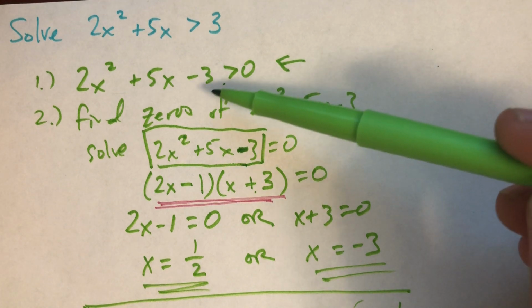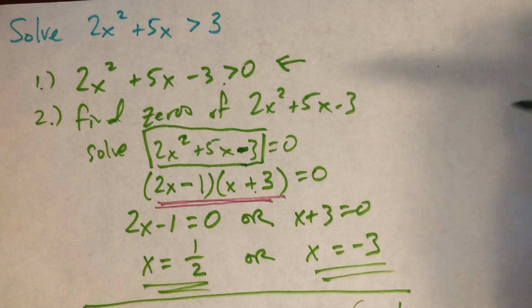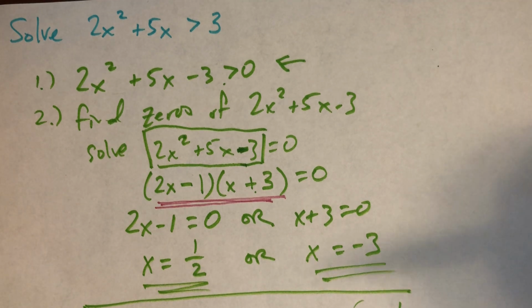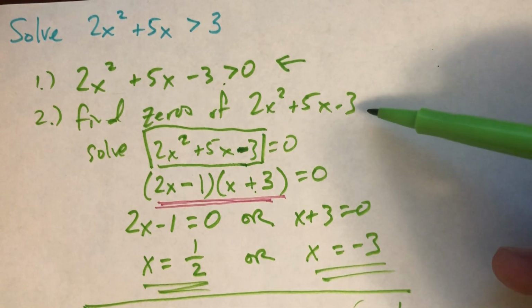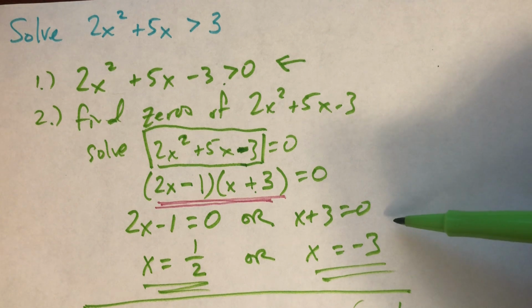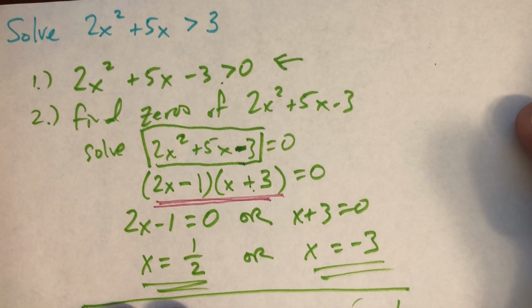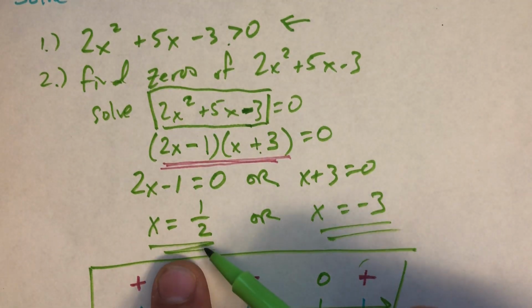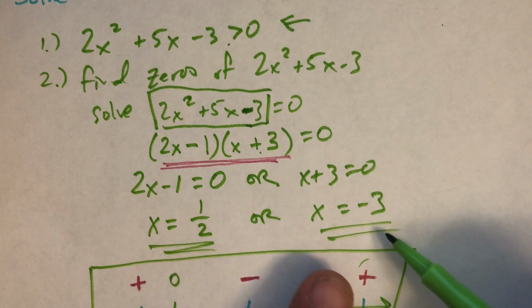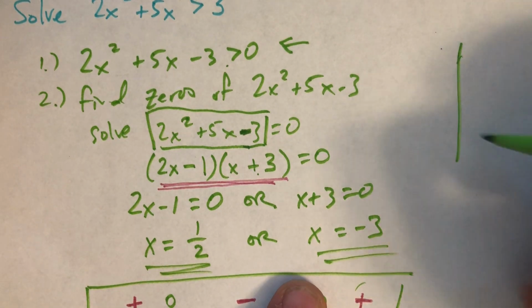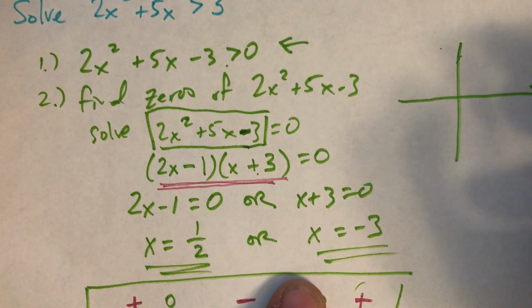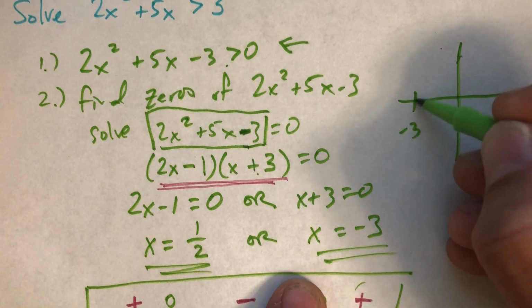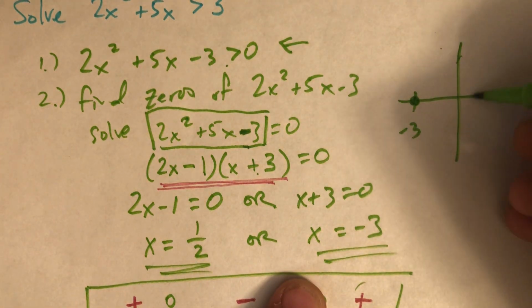That is, where is it above the x-axis? So thinking about these graphs, we can cross the x-axis at exactly the zeros, right? So the only places that this parabola could possibly cross the x-axis are at x equal 1/2 and x equal -3.